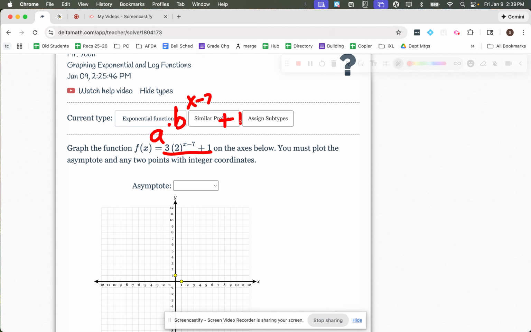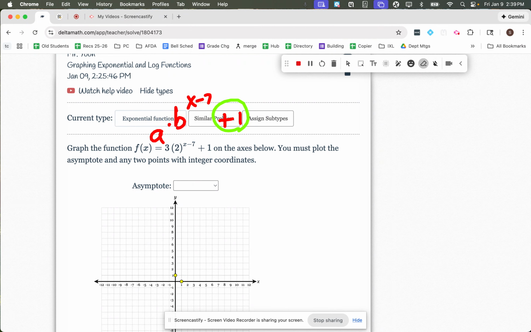Okay? The constant term, I think we should say, is your horizontal asymptote. This is the floor.